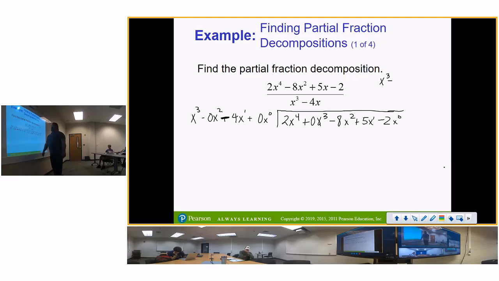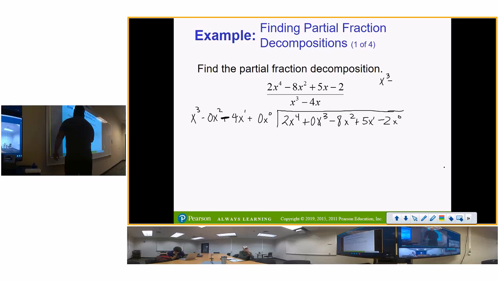How many times will x cubed go into 2x to the 4th? 2x to the 1st. What's 2 times 1? 2. What's x to the 1st times x to the 3rd? X to the 4th. What's 2 times negative 0? Negative 0.